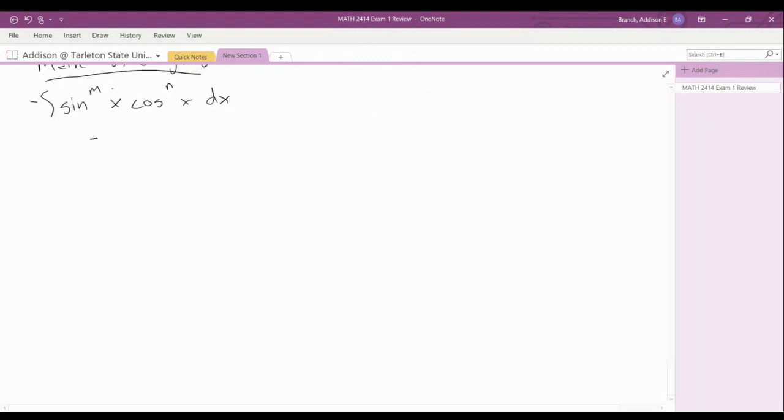So if the power of cosine is odd, we are going to save one piece of the cosine of x, convert every other instance of cosine of x to sine of x using your Pythagorean identity, and then you can do a u sub, where u is sine of x.